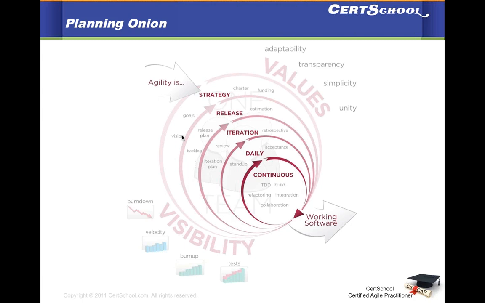Beneath that layer, you have the layer of iteration or sprints. If you were there in the very first webinar in this series, you remember we talked about Scrum and how we have the sprint planning. Sprint planning is a very common meeting. Everybody knows about it. That's nothing but your iteration planning, which is at this layer.